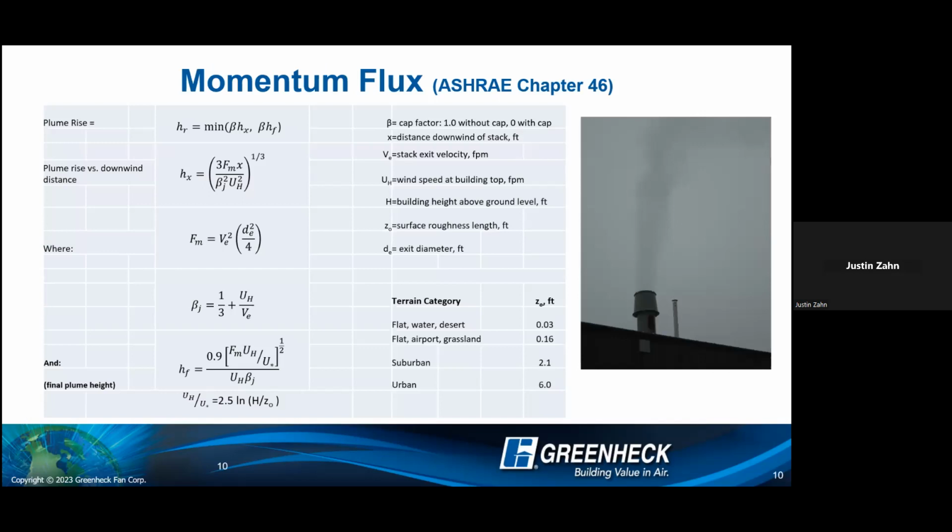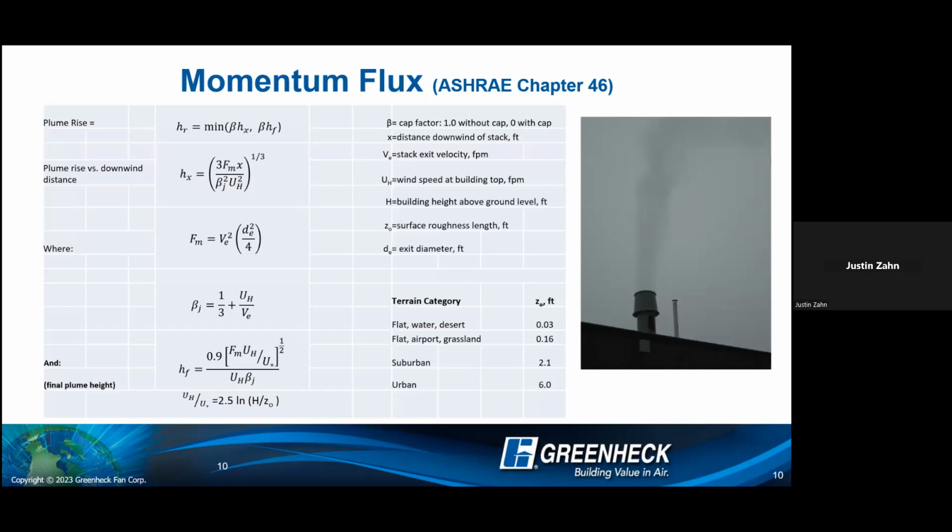Why are there still two equations out there? Well, at the end of the day, it's a sales tactic, using one equation over the other. Momentum flux is definitely far and away your most accurate way to calculate your plume height. Modified Briggs, we're not saying it's not accurate, but it's just not as accurate as momentum flux.